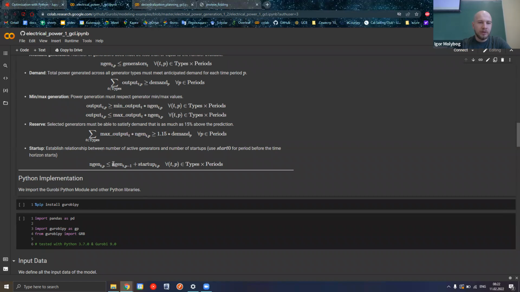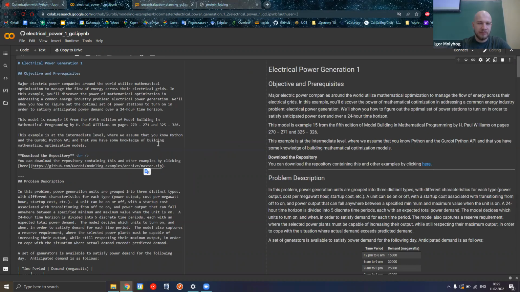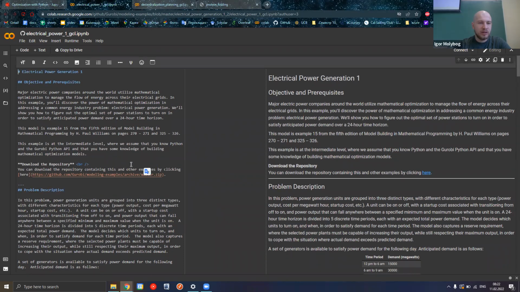And now we need to make sure that the startup variable is in fact possessing its desired property that it should possess by definition.